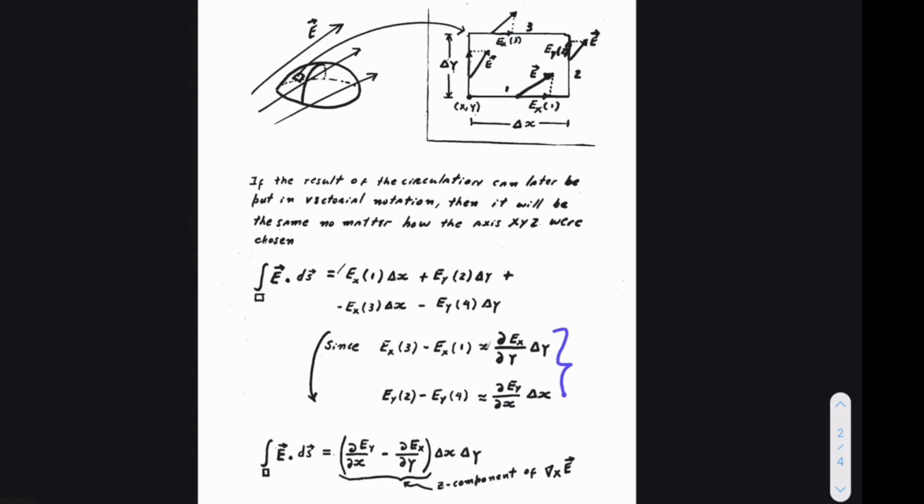So if we put these values into this equation and take delta x times delta y common, we'll have this term, the rate of change of E_y with respect to x minus the rate of change of E_x with respect to y. And if you look closely, you will notice that this is just the z component of the curl of vector field E.